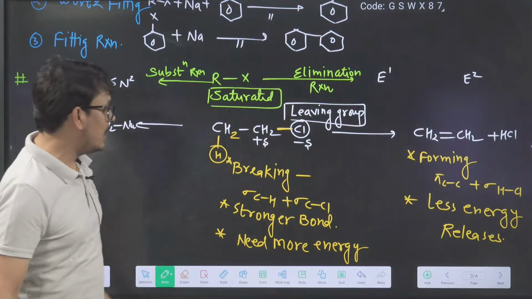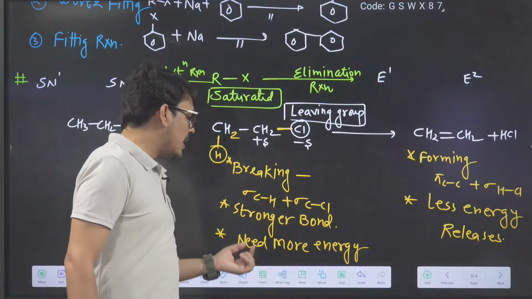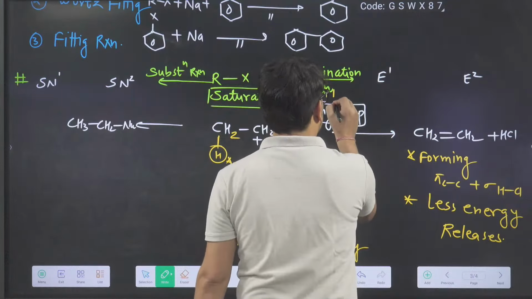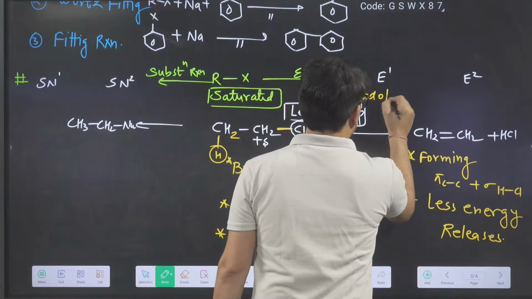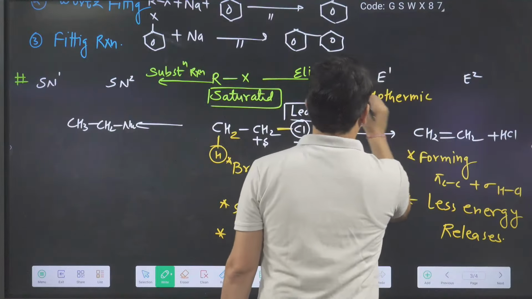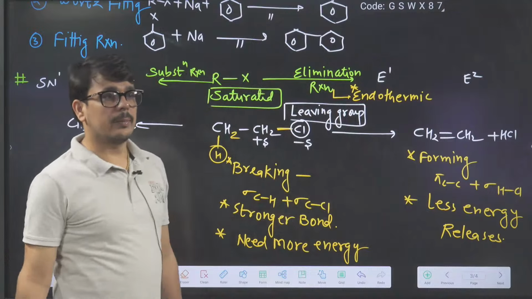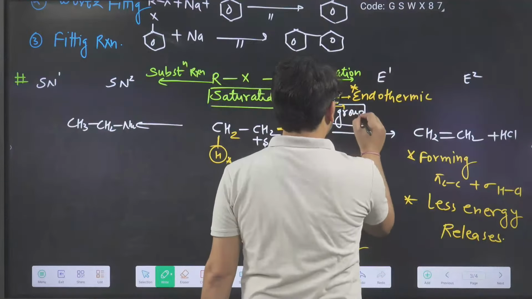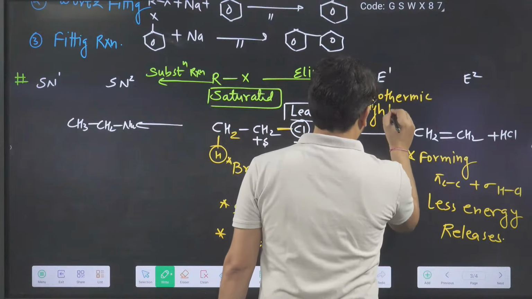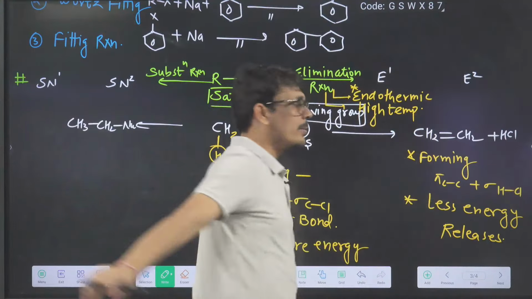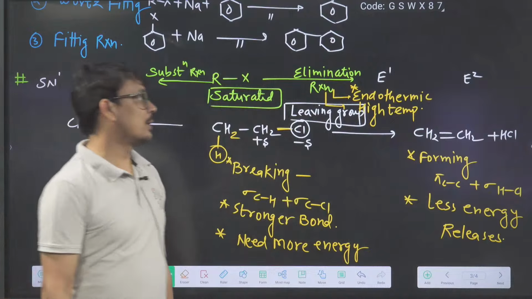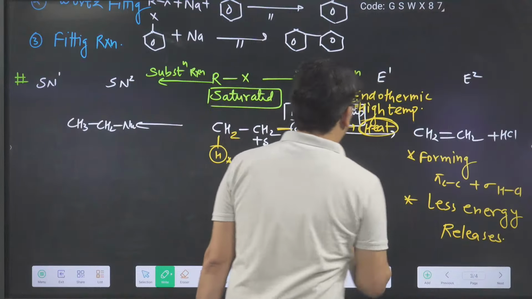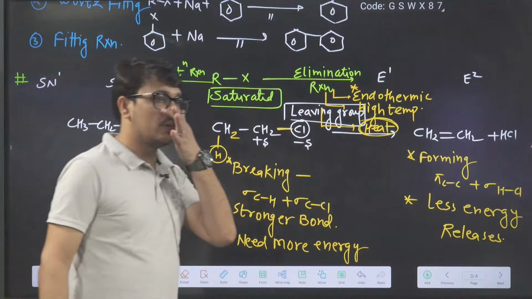If this is so, can I say in this reaction net energy will be absorbed? Net energy absorbed means this reaction becomes an endothermic reaction. Endothermic or not? And everyone knows endothermic reactions are more favorable at high temperature. Therefore, elimination reaction is favored by heat compared to substitution reaction.